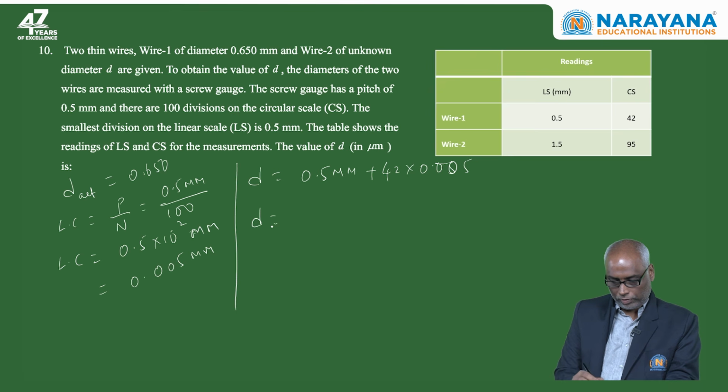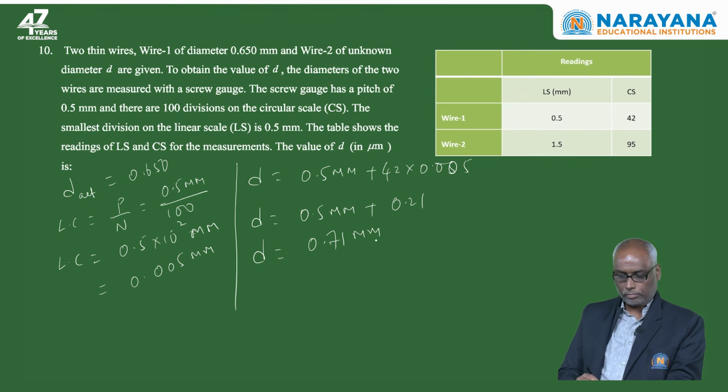So, the value of D will be equal to 0.5 millimeters plus, when I multiply these two, we get 0.42 into 0.5, which is 0.21. So, the measured diameter is equal to 0.71 millimeters.